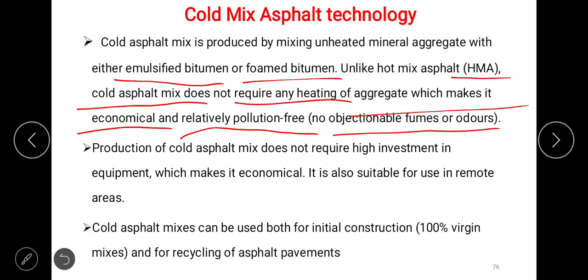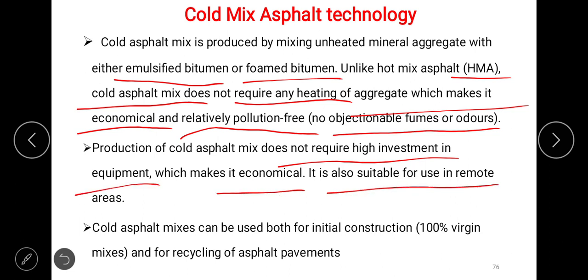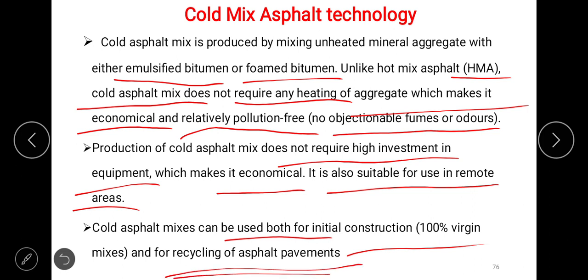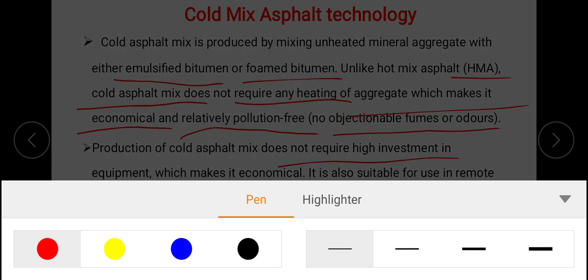Production of cold asphalt mix does not require high investment in equipment, which makes it economical. It is also suitable for use in remote areas. Cold asphalt mixes can be used both for initial construction, that is 100% virgin mixes, and for recycling of asphalt pavements.